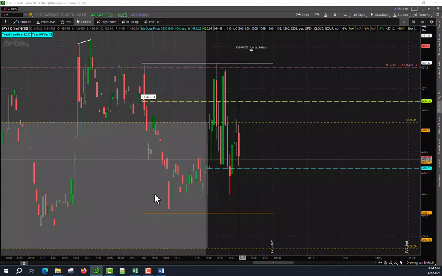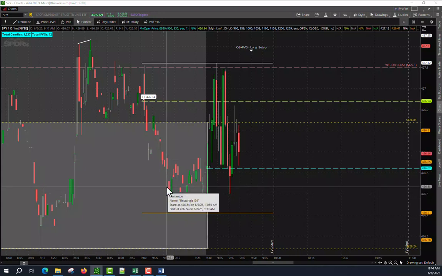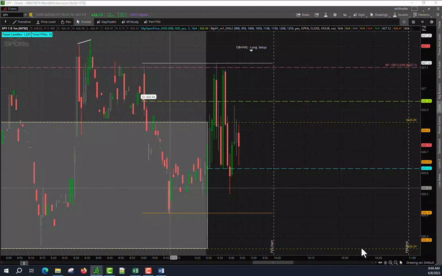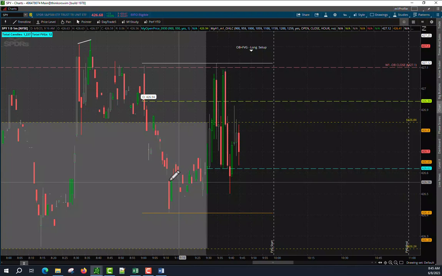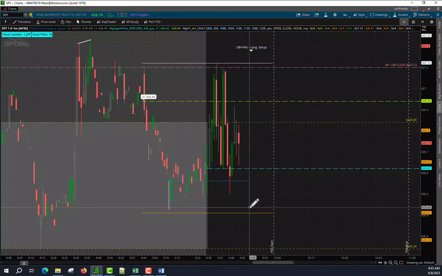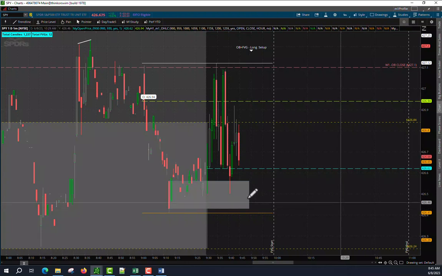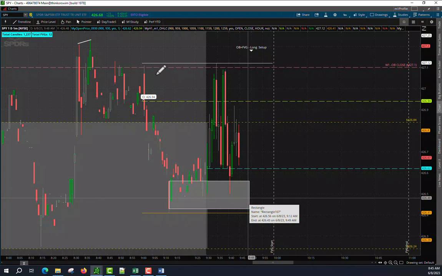You see this order block, it did not break, it did not close behind, it was not violated. It's our order block right there. It's a bullish order block.